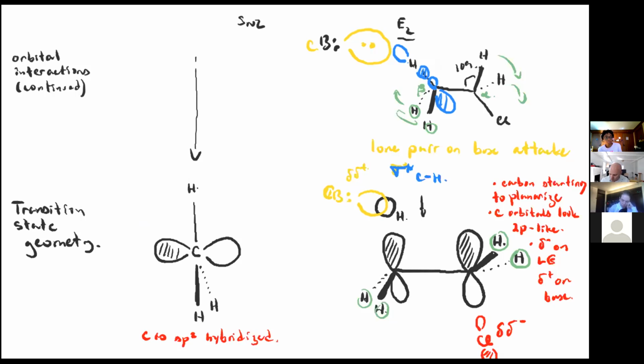And the key orbital that we need to think about is the one that I've drawn. That is a 2p orbital on carbon, okay? And that 2p orbital is interacting with the orbital from my nucleophile, and also interacting with the orbital on the leaving group.